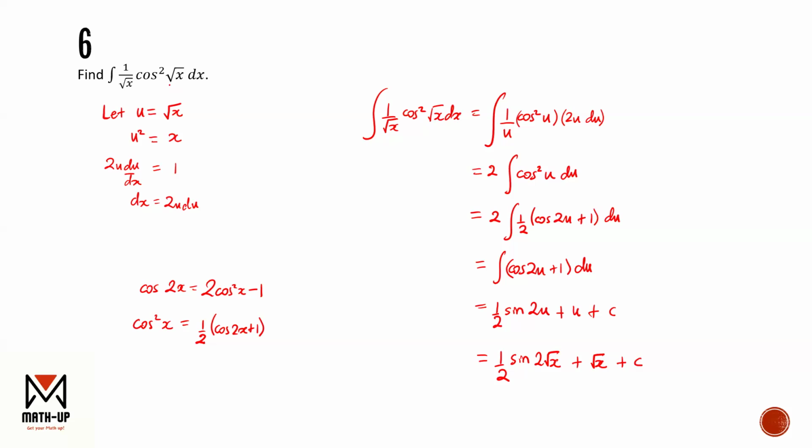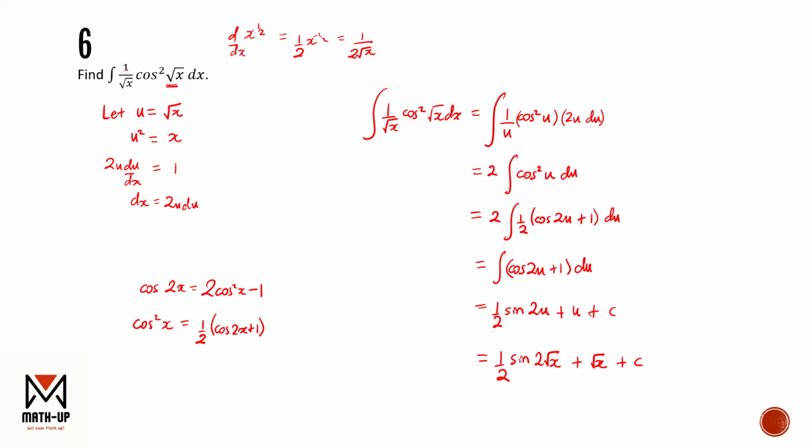function. So you see that I have root x here. There are many functions here. There's root x, 1 out of root x. There's the cos of root x, and then all that being squared. But you know that when you differentiate root x, remember root x is x to the power half. When you differentiate root x, you get a half times x to the power negative half, which is in fact 1 out of 2 root x.